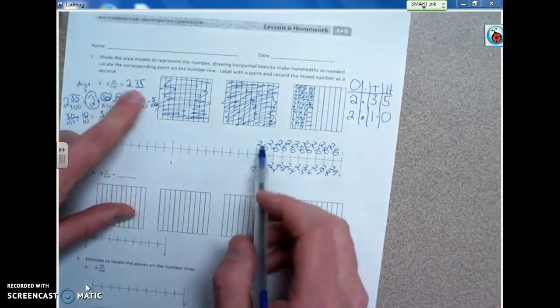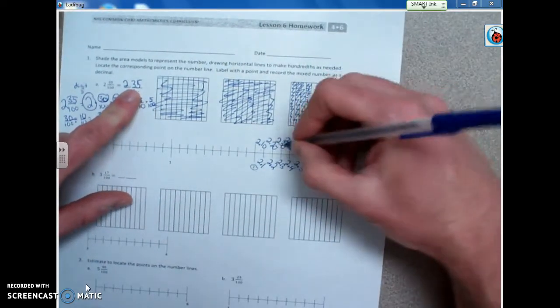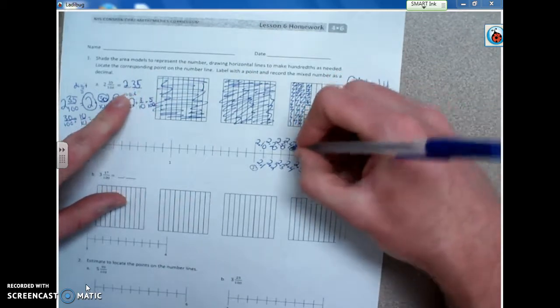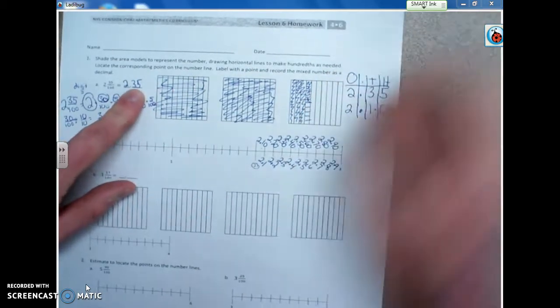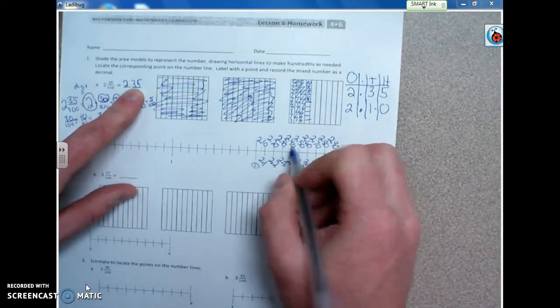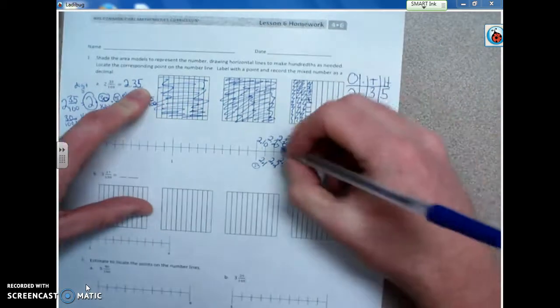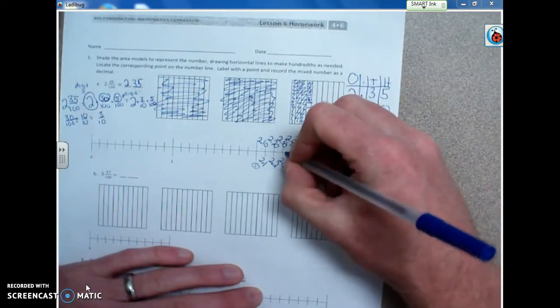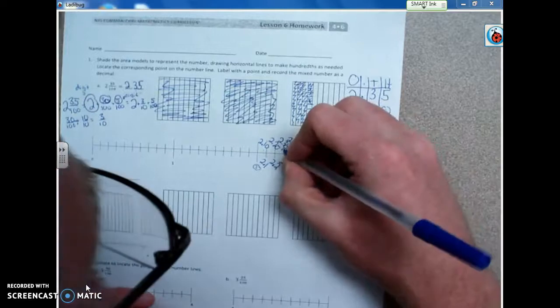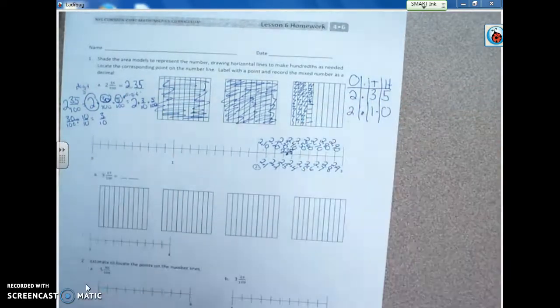So here's 2 and 10 hundredths, 2 and 20 hundredths, 2 and 30 hundredths, and 2 and 40 hundredths. So my 35 hundredths is going to be between 30 hundredths and 40 hundredths. And I should hopefully at this point in the year know 5 is my midpoint of most things. So between 30 and 40, right in the middle would be 2 and 35 hundredths.